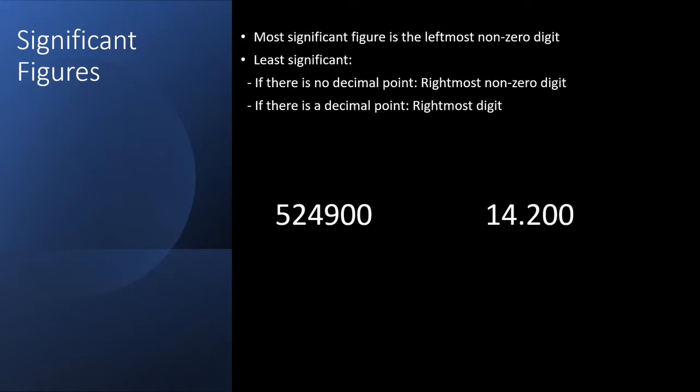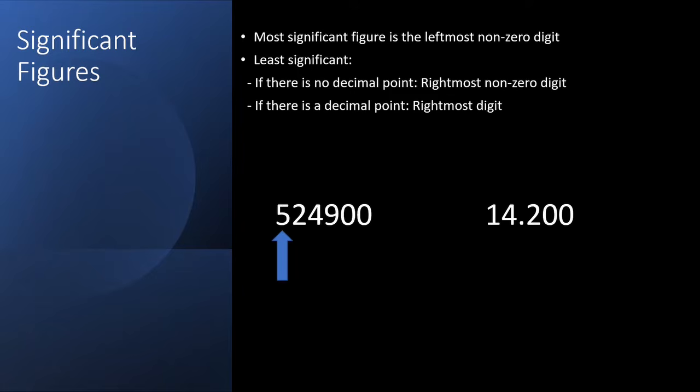Now, let's take a couple of examples here. Let's look at the first number. How many significant figures in this number? According to the rule, the most significant figure is the leftmost non-zero digit, and the 5 in this case is the leftmost non-zero digit.